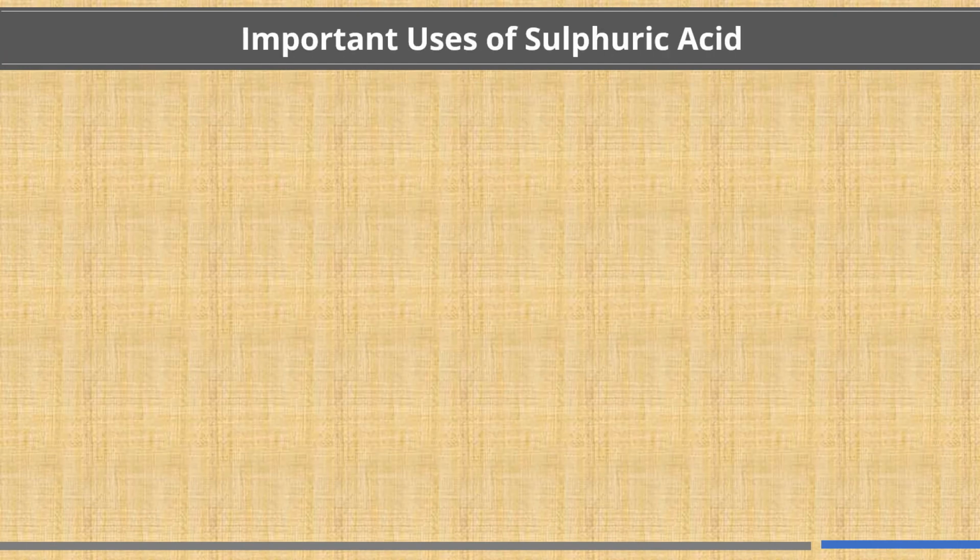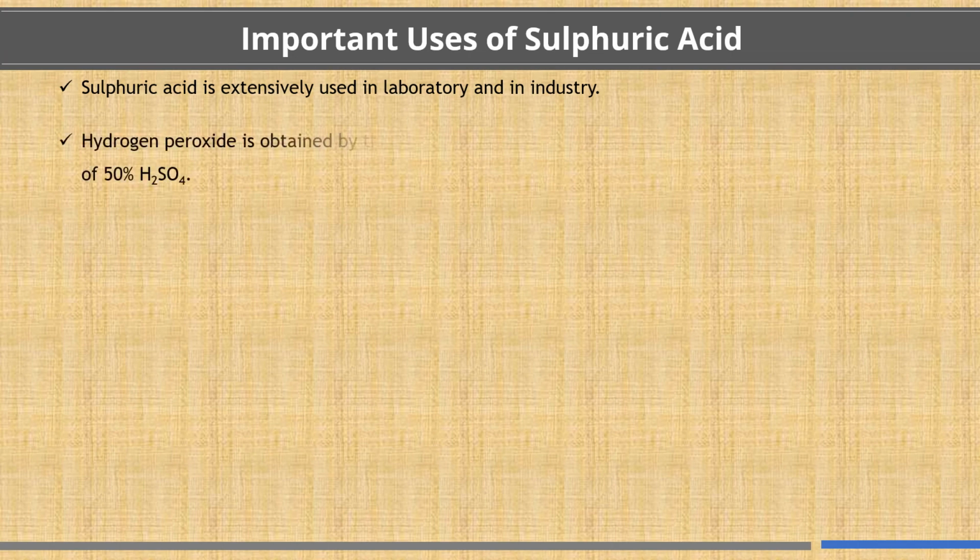Important uses of sulfuric acid. Sulfuric acid is extensively used in laboratory and industry. Hydrogen peroxide is obtained by the electrolysis of persulfuric acid, which is obtained by the electrolysis of 50% sulfuric acid.